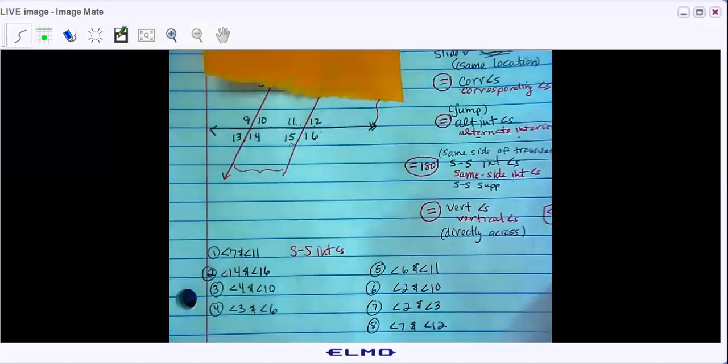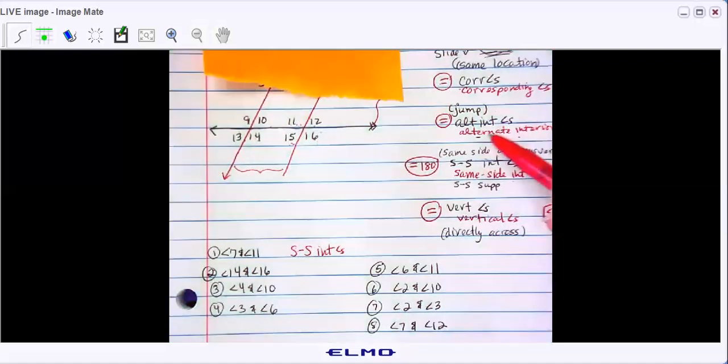We don't see a 16 there, right? Okay, so we'd say no, they're not in between the parallel lines. So if they're not in between the parallel lines, we can automatically eliminate the alternate interior and the same side interior because they're not inside. That whole INT, interior means inside, they're not. So they're either going to be corresponding angles or they're going to be vertical angles.